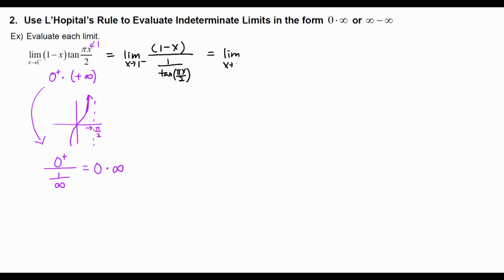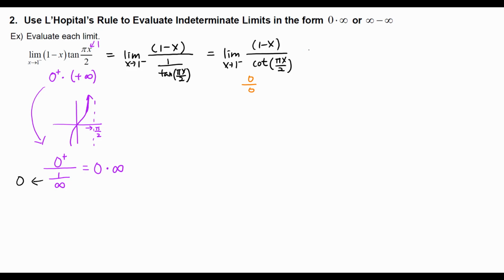So that will be limit x approaches 1 from the left of 1 minus x over cotangent of pi x over 2. And now this will go to 0 over 0 because 1 over infinity goes to 0. So now when you plug 1 for x, I do get 0 over 0. So you get to use L'Hopital's rule.